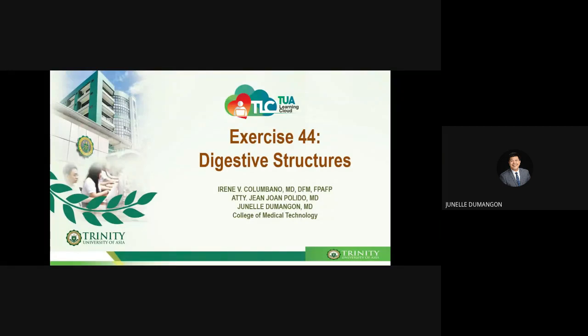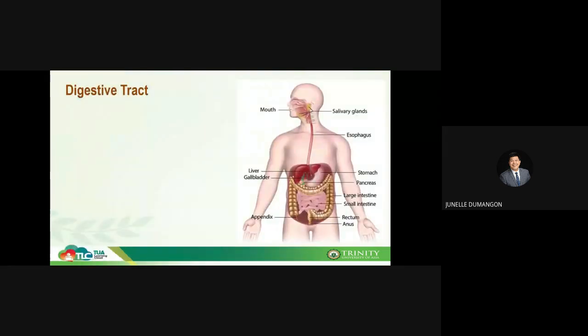So anyway, for this afternoon, we're going to discuss the digestive system, and we are going to start the discussion by talking about the digestive structures. Our digestive tract can also be called the GI tract or the gastrointestinal tract. Please do remember that when you are faced with the word tract, it only means a tube.